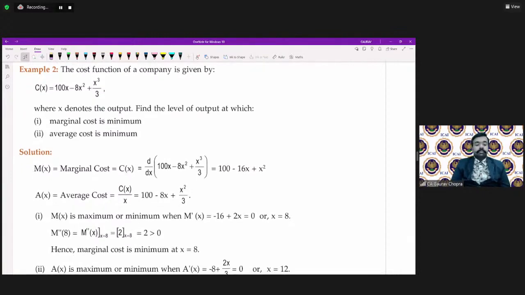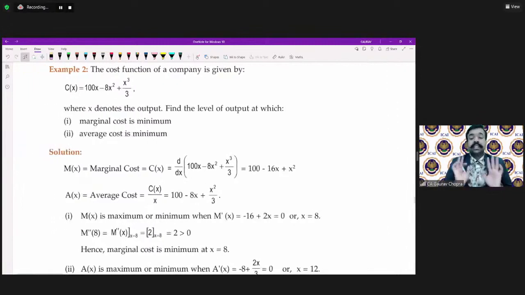Now, the second example: the cost function of a company is given by Cx = 100x - 8x² + x³/3. See, this is the cost function which is given in the question. Now, x denotes the output. What we have to find now?